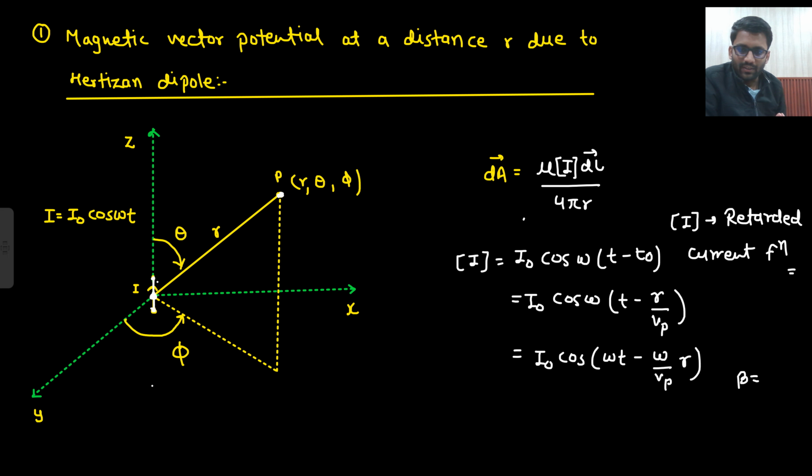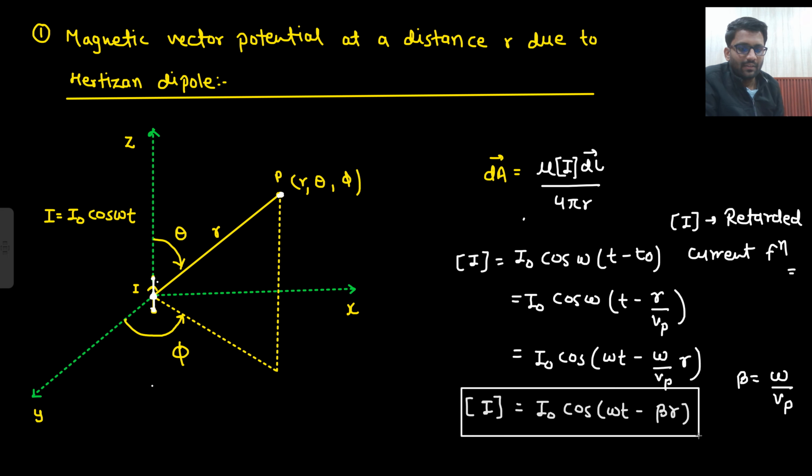Beta is omega by Vp only, no? Vp is equal to omega by beta, so beta is equal to omega by Vp. So this is beta only. So I naught cos omega t minus beta r. This is the value of your retarded current function, which you can keep in mind directly.